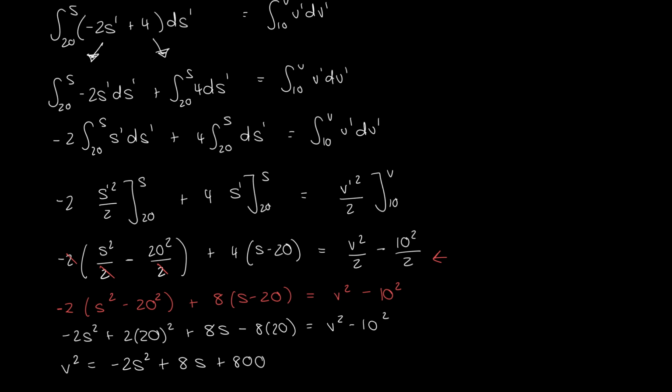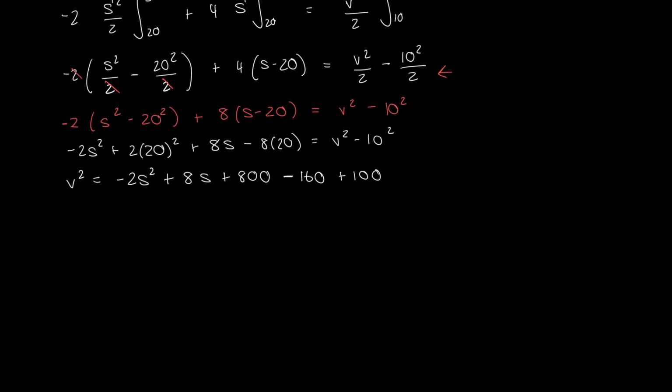And then 20 times by 8 is 160. And then plus 100. So we're going to have 800 minus 60 gives us 740. So v squared is equal to minus 2s squared plus 8s plus 740.